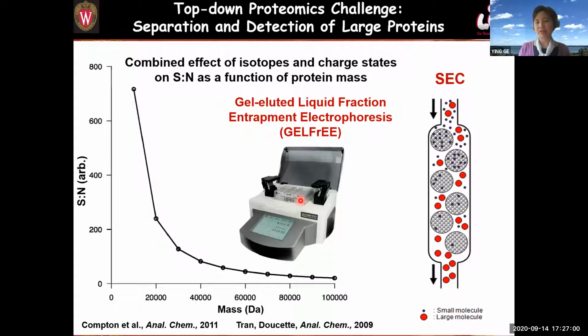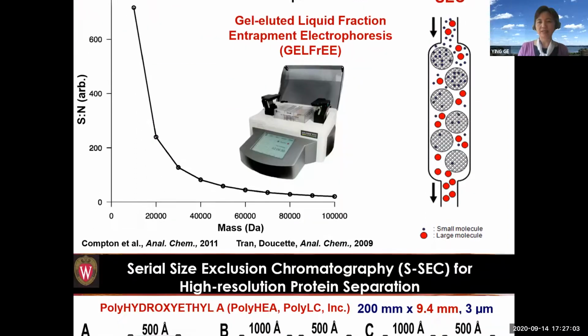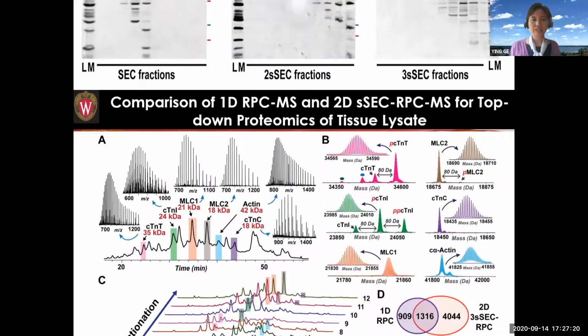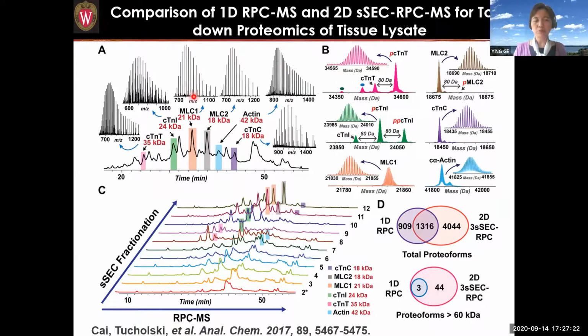We developed this high resolution size exclusion chromatography by combining different SECs with different pore sizes together, and we achieved pretty good resolution with these three-column combination. So again, if we only use one-dimensional chromatography, you can see most proteins are relatively lower molecular weight species, less than 50 kilodalton.